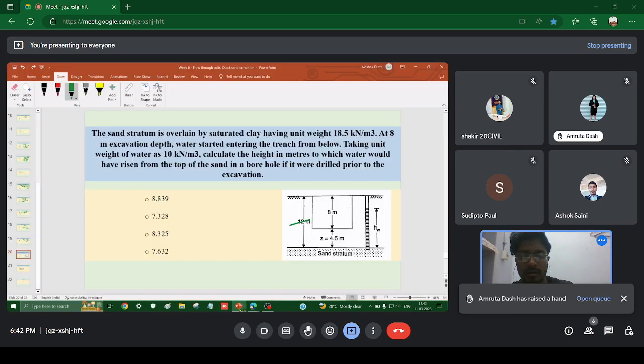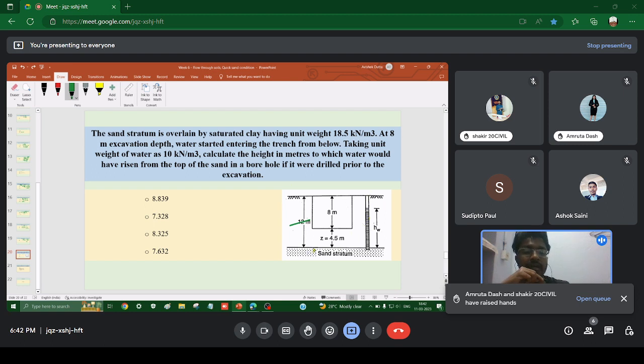So, be very careful while you listen to this solution. You can find it in any standard textbook. This is, I think, a previous year GATE question. Okay, so this is a sand stratum, and this borehole was drilled before the excavation.